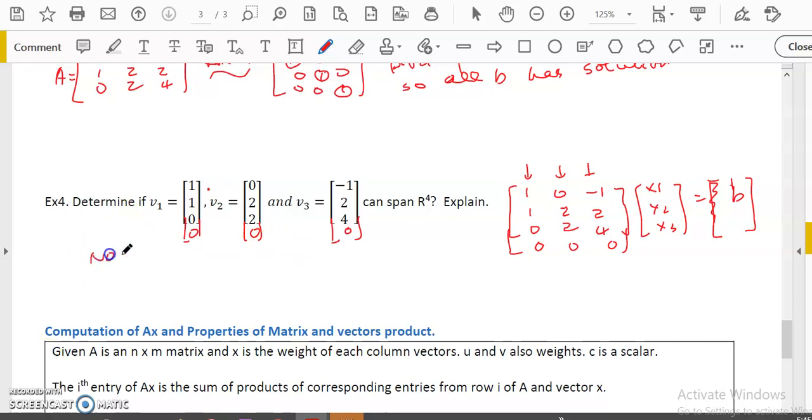Pivot position. Oh, this is actually the same as what we have, right? In 3 rows only.